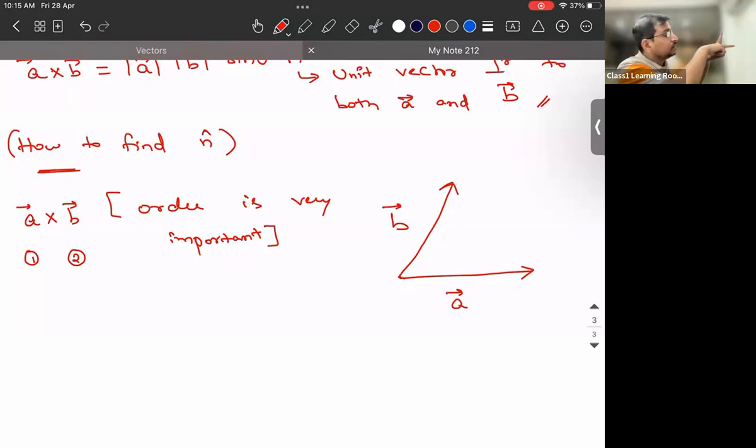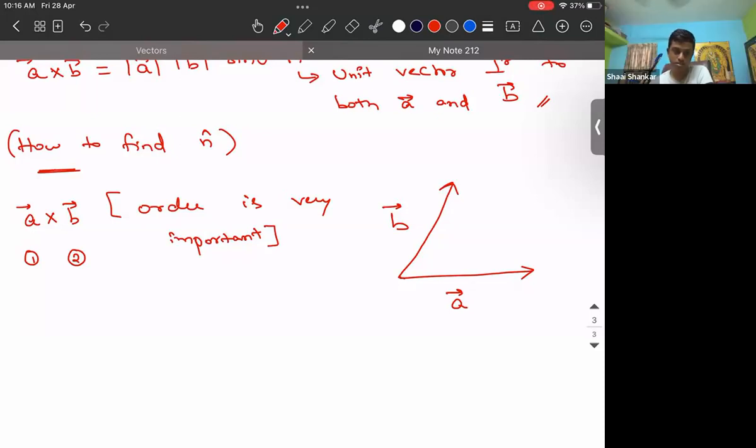So in this case, in which direction will you rotate? My B is fixed. With respect to you, what direction is this? Anti-clockwise. Now have this in your mind: in this scenario, if I'm doing A cross B, A is rotating towards B in the anti-clockwise direction.